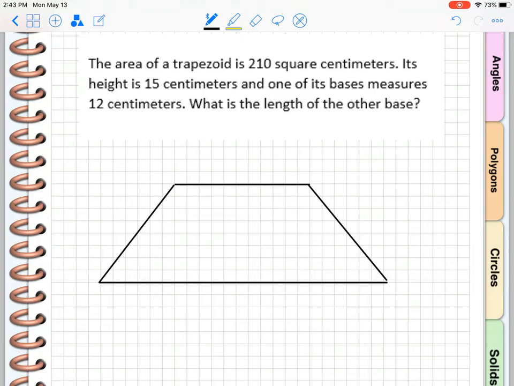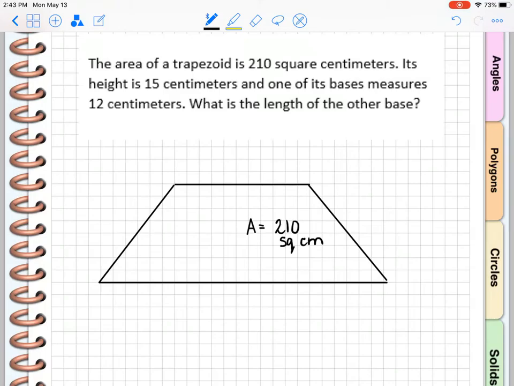So it tells me that the area of the whole thing, this whole inner side, is 210 squares. Okay, so if I were coloring, I would need to color in 210 squares to make this trapezoid.